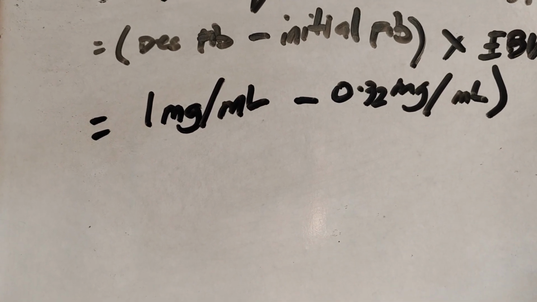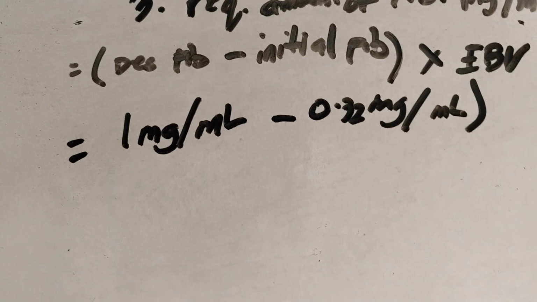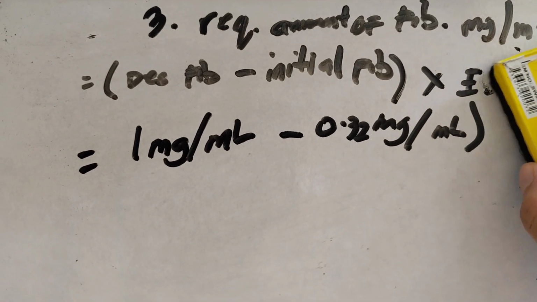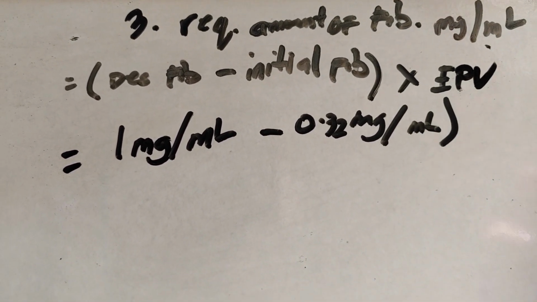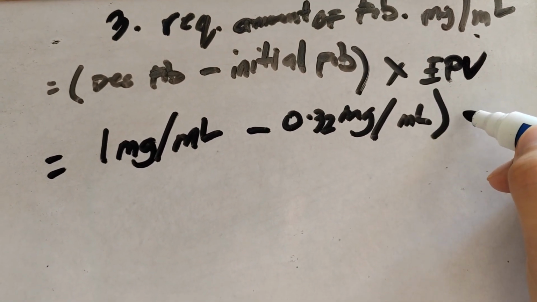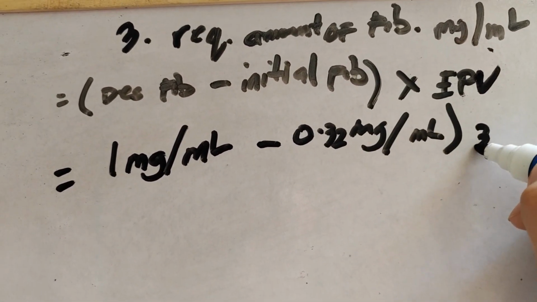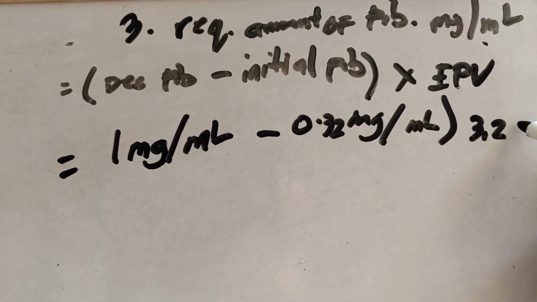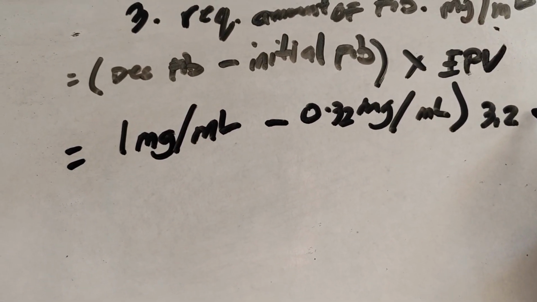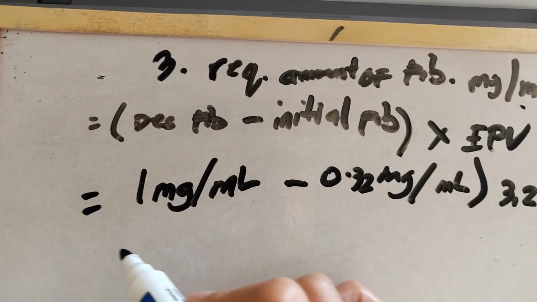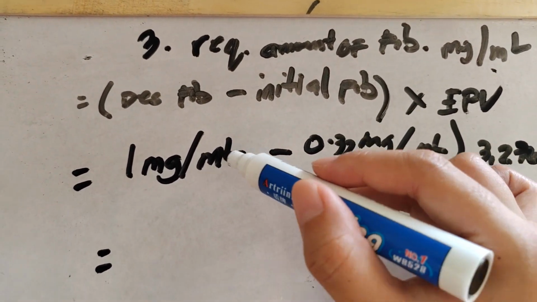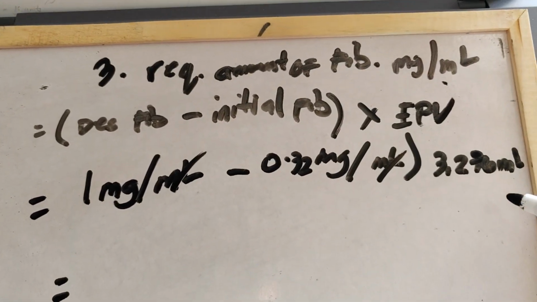Okay, this is not estimated blood volume, but estimated plasma volume. Okay, so times here, ang value natin ng plasma volume kanina is 3,276 ml.